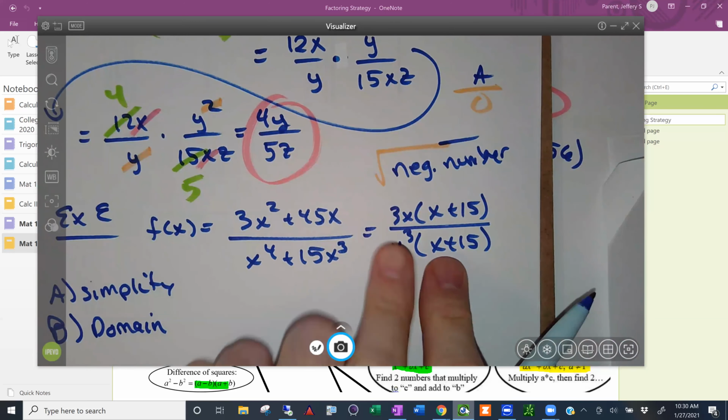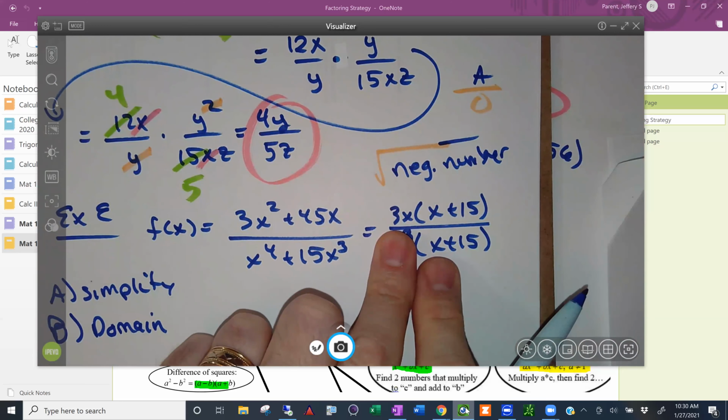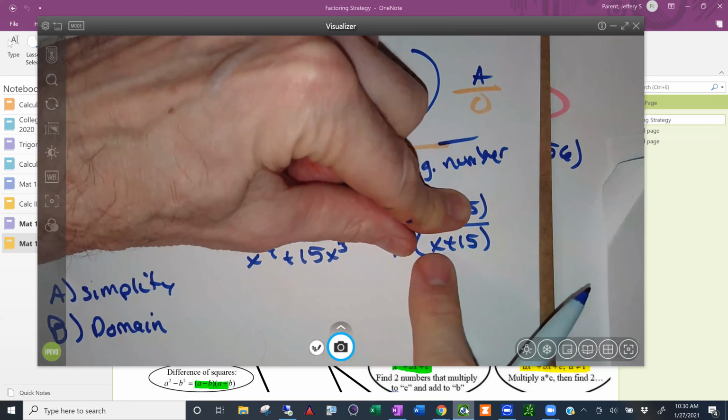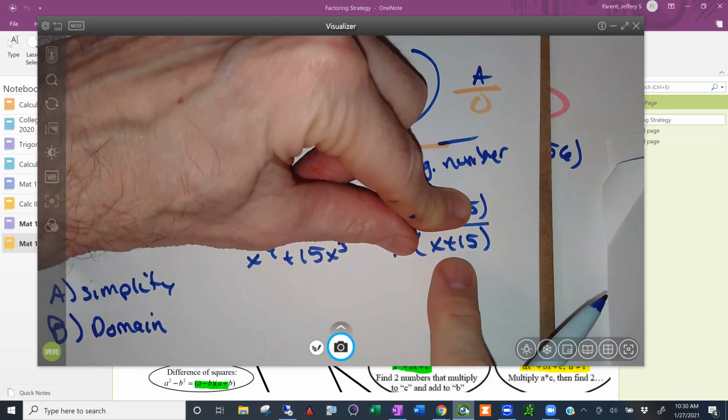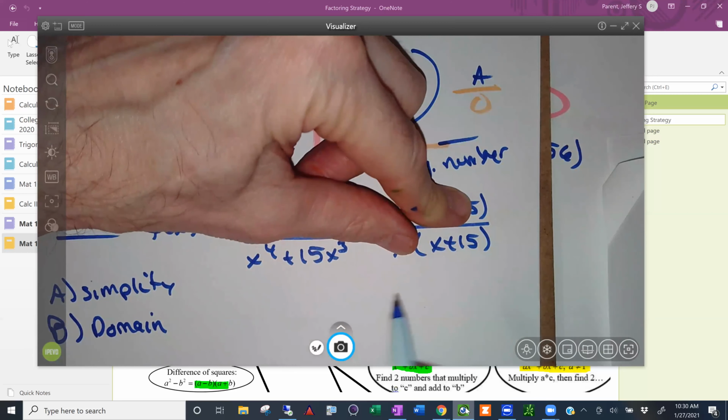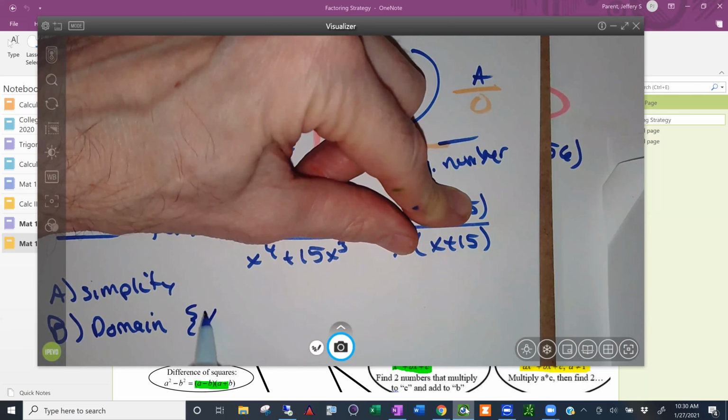In fact, let's think of this little part right here. Is there a value of x that would make that x plus 15 expression 0? Is there a value I could put into x that makes that part equal to 0? Negative 15. So your domain can't include that. So your domain is going to be x not equal to negative 15.